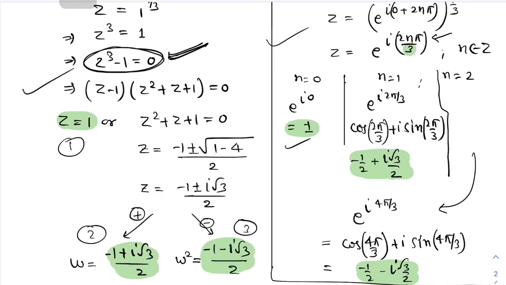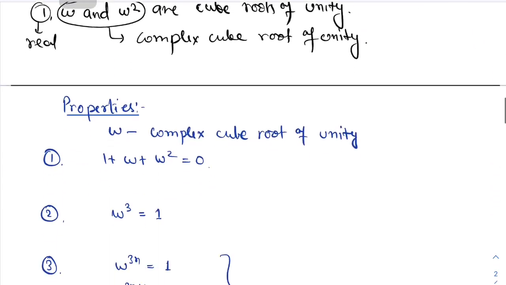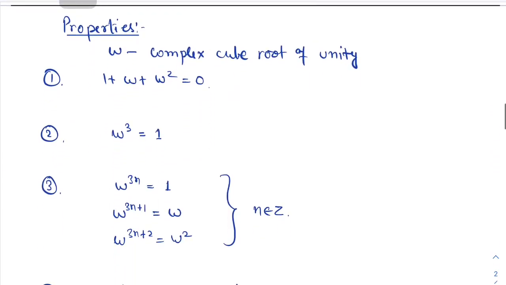Okay, so there is no term of z square here, so it means the coefficient of z square is 0. If I divide 0 by 1, we get 0 only. So you can see that the sum of these cube roots of unity is equal to 0.